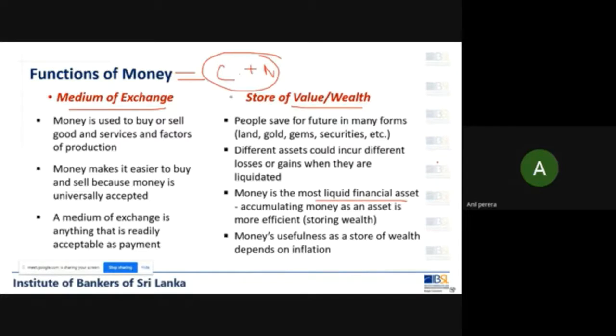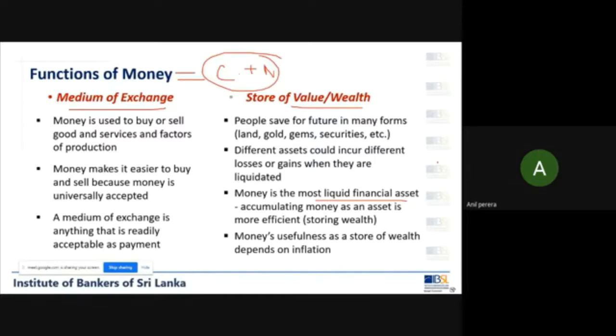Now, for example, if today you take 1,000 rupees and you keep it with you, you put it under, let's say, your tablecloth. After 5 years, you take out that 1,000 rupee note, still you will see the same note, without any issue. Maybe some discoloration is there, but the same note.